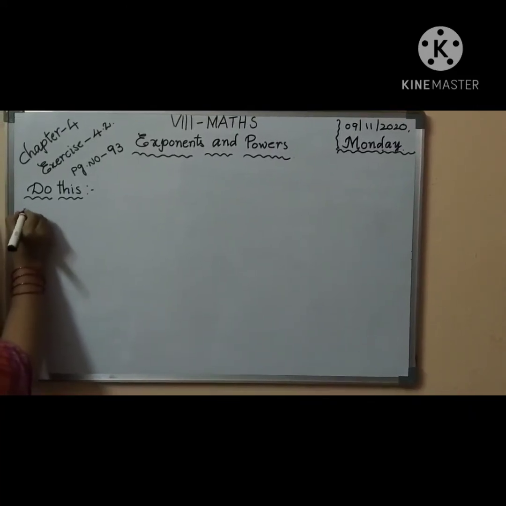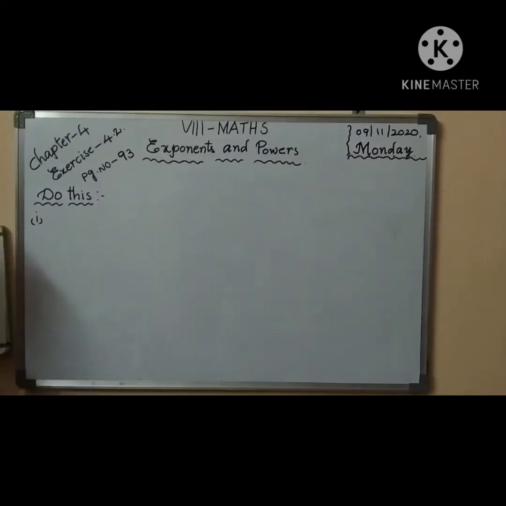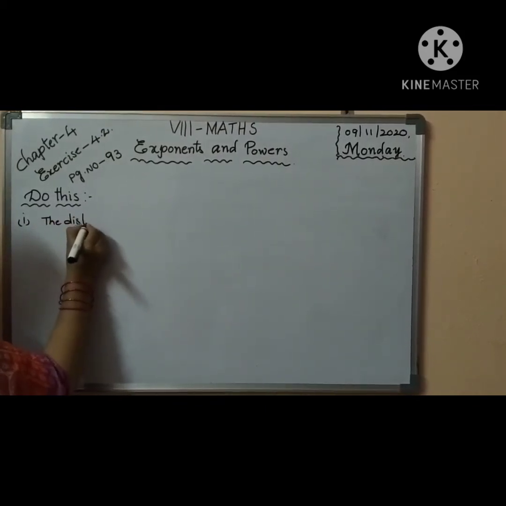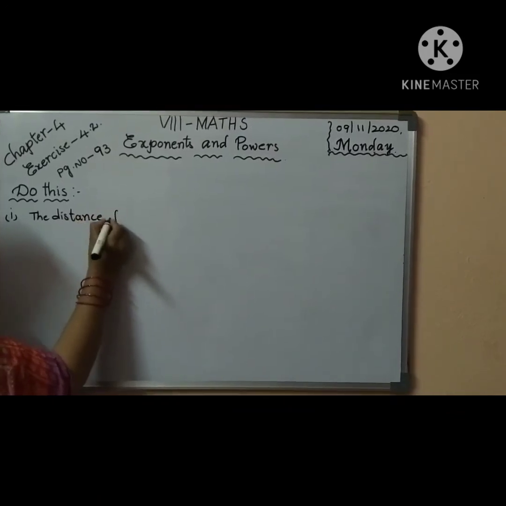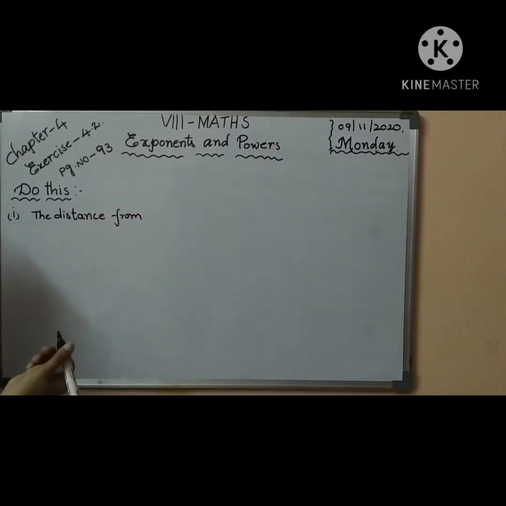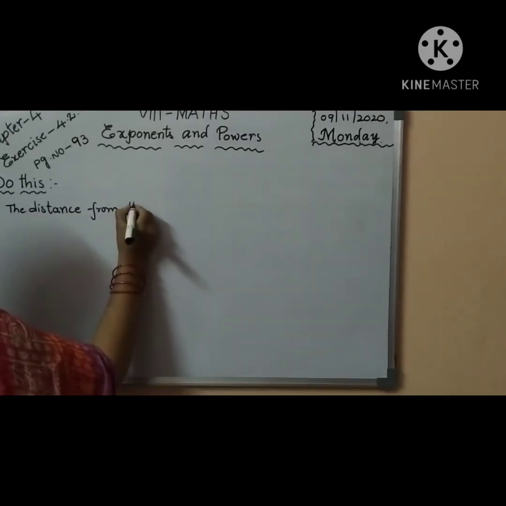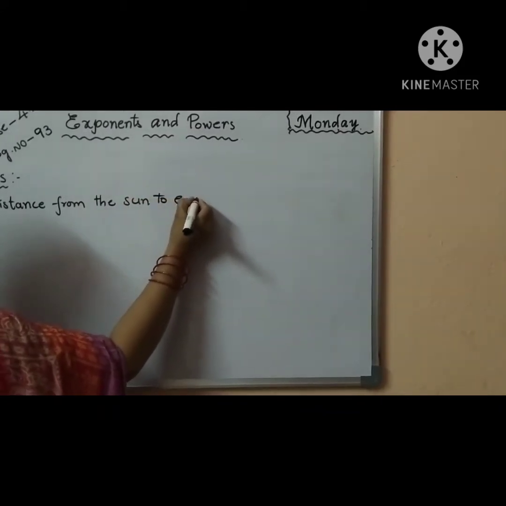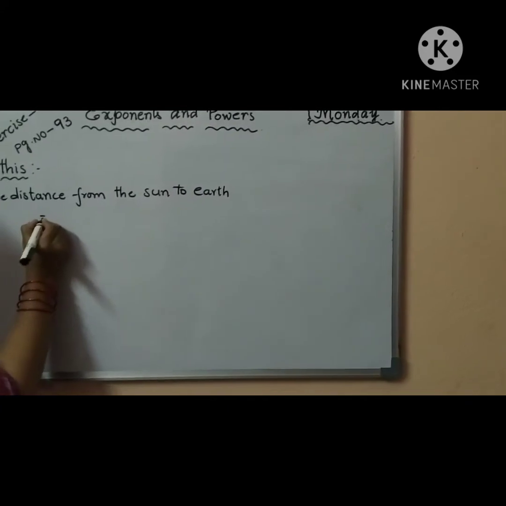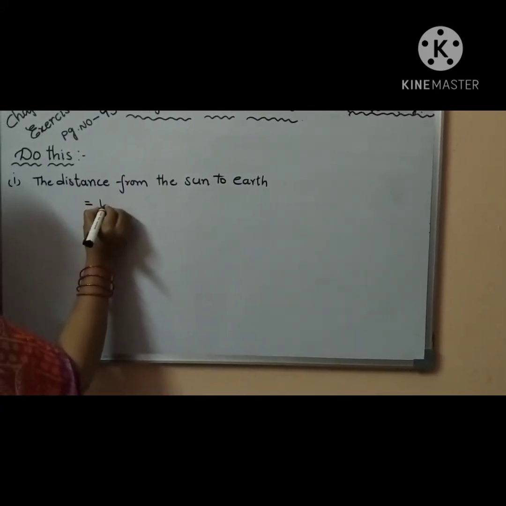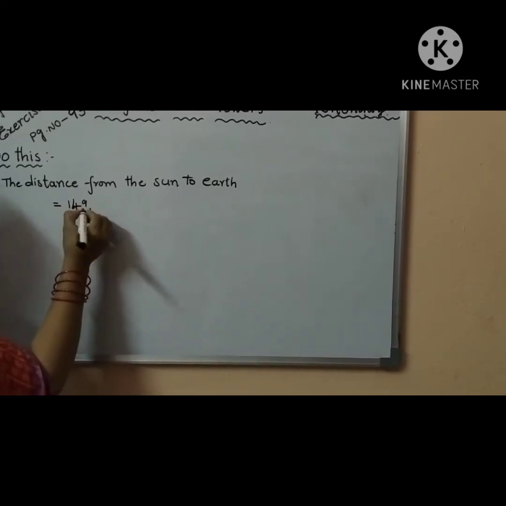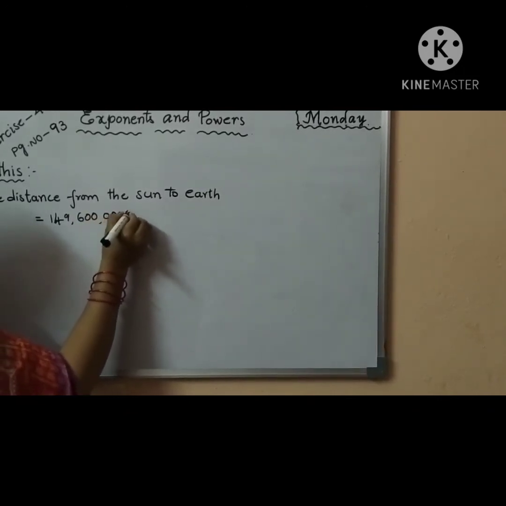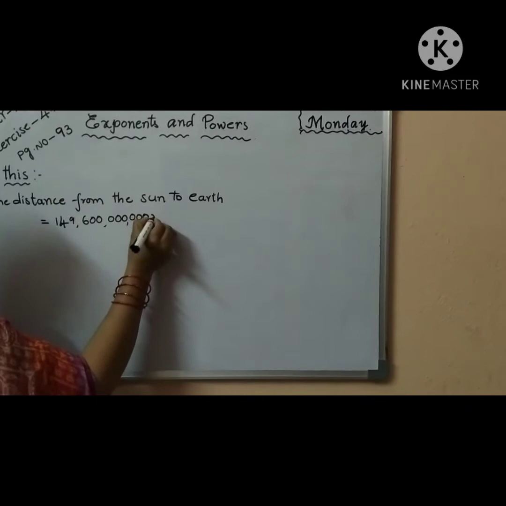What is the first one in this first problem? The distance from the sun to earth is equal to 149 billion 600 million meters.